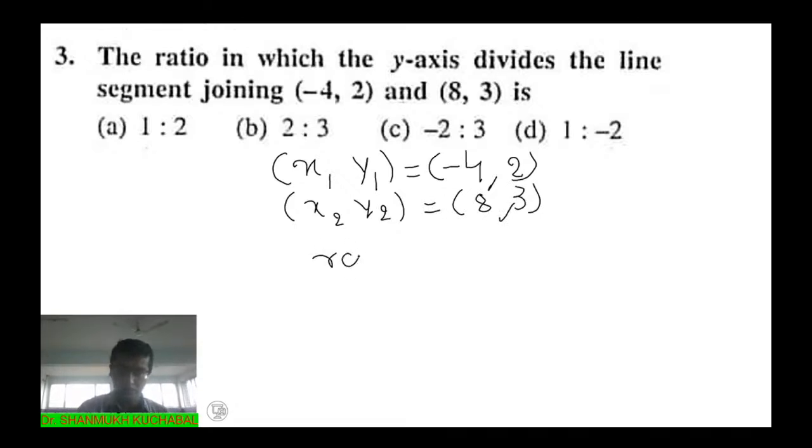The ratio equals, the x coordinate will become 0 in the previous formula, so we get minus x1 divided by x2.